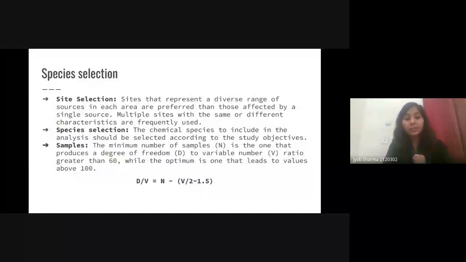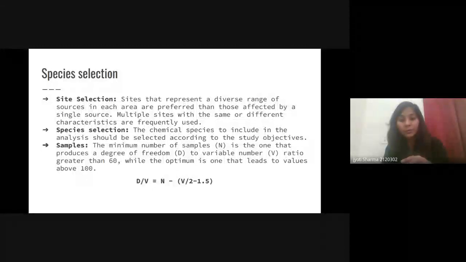Then species selection. Actually, this is not the species selection, this is the criteria selection, in which we have three things: the site selection, the species selection, and the sample selection. If you are selecting the receptor, what should be your receptor area?